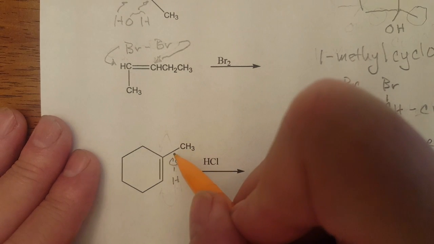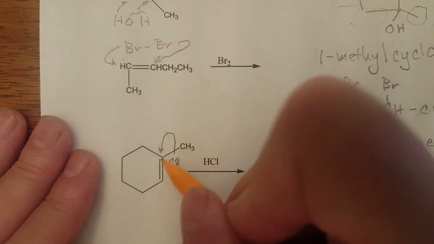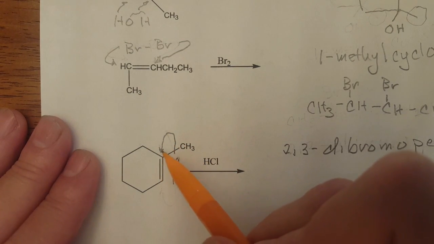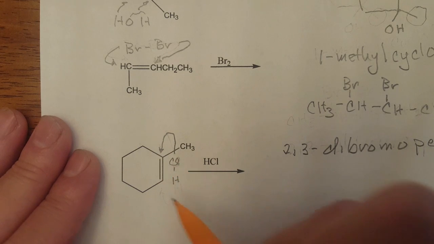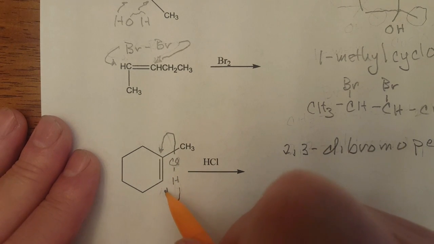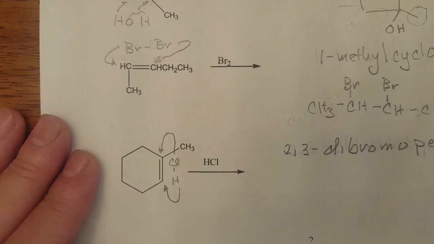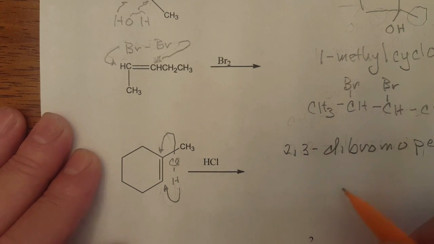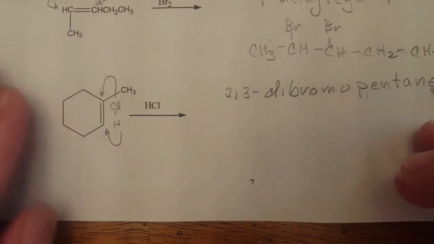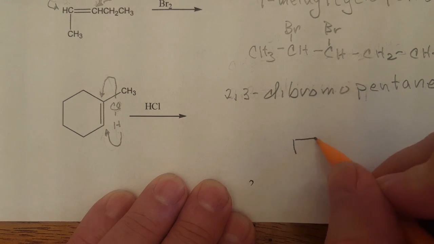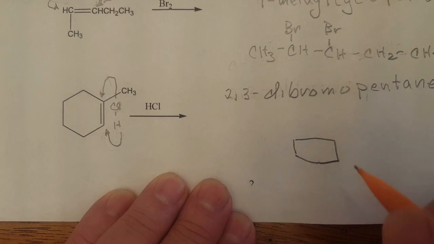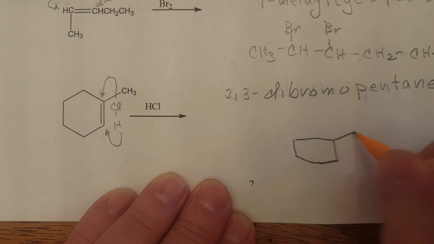Markovnikov rule, the Cl is going to add to the carbon with the fewest number of hydrogens. In this case, there are no hydrogens. And the H is going to add here, where there's one hydrogen. And the product looks like this. Here's the methyl. Here's the Cl.